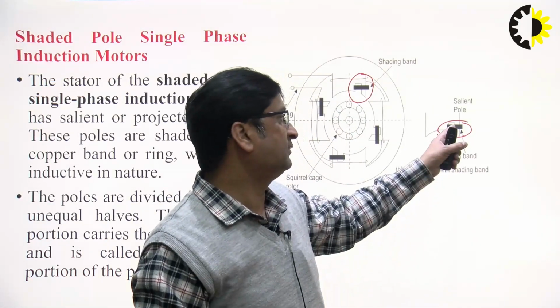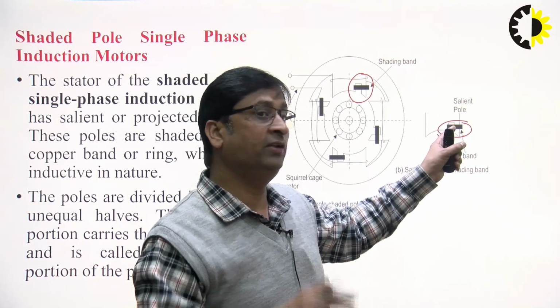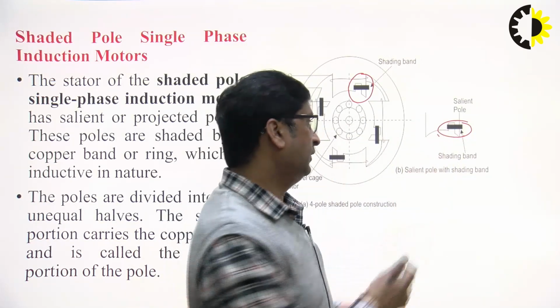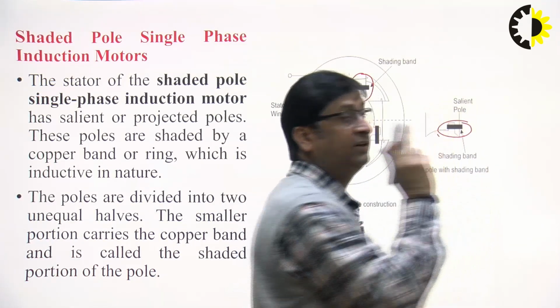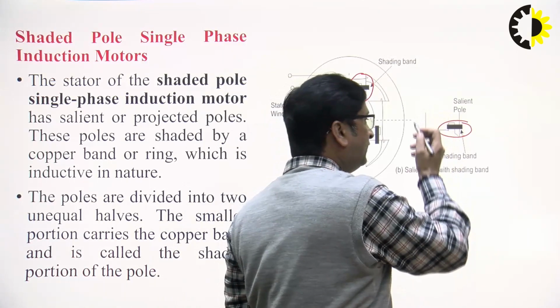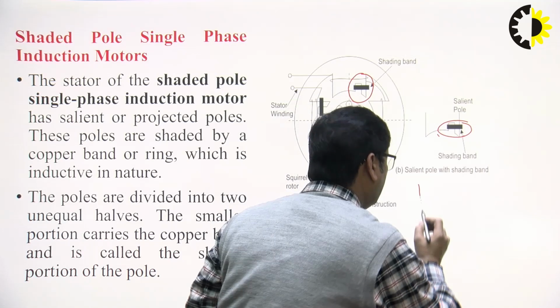And because of this, what happens? Lenz's law will come into play, and it will oppose the main flux. So it will oppose the flux produced from the shaded part. It means the unshaded part has the higher, stronger flux.